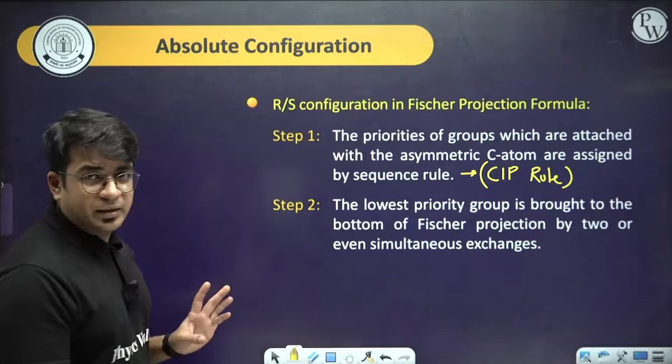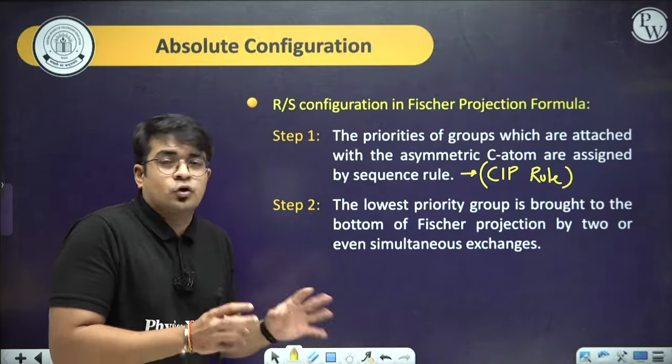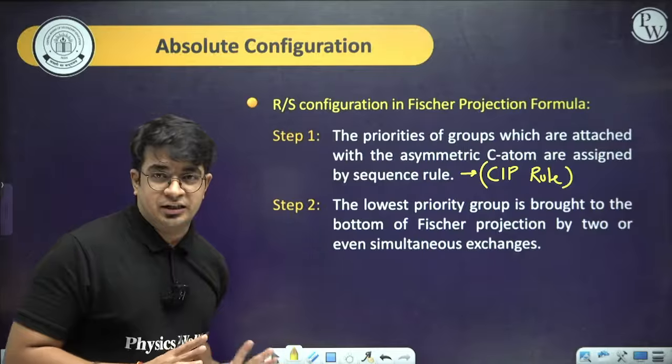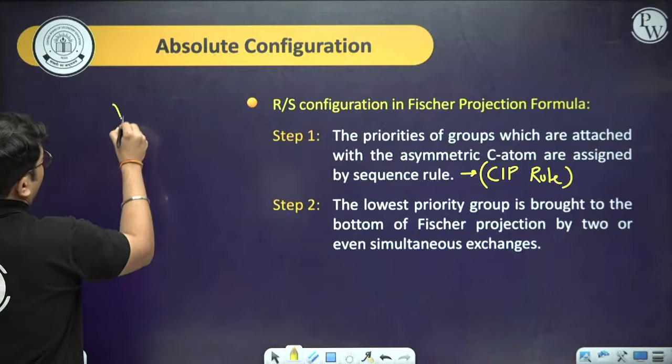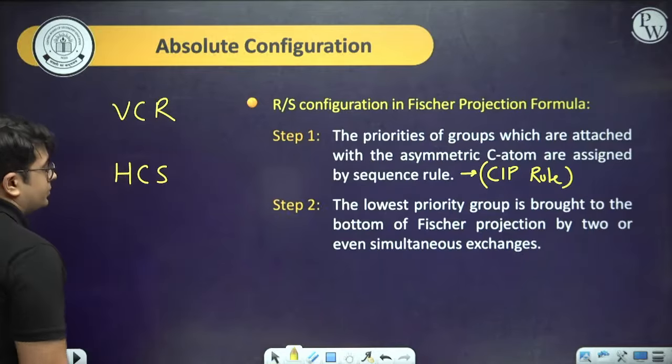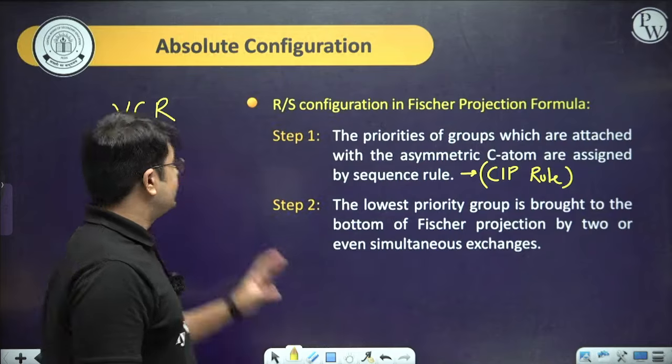Now always remember in this case, if you don't know what is going to happen, or if you don't want to change anything, just remember a rule which is VCR and HCS. What is this VCR and HCS?